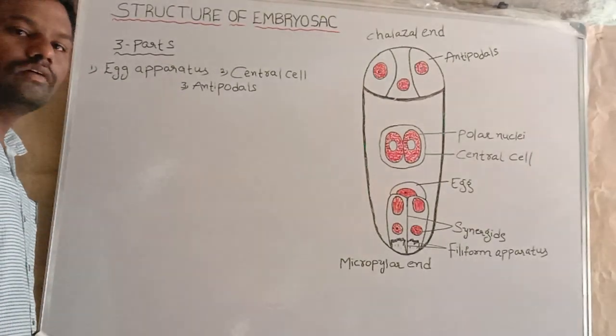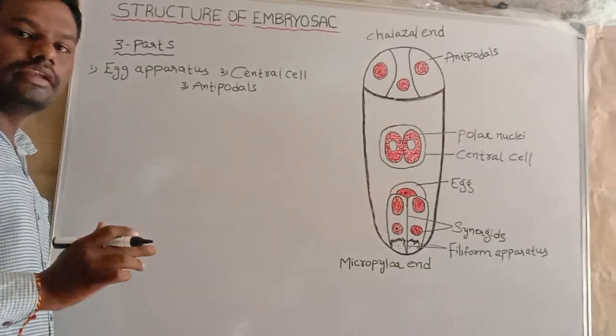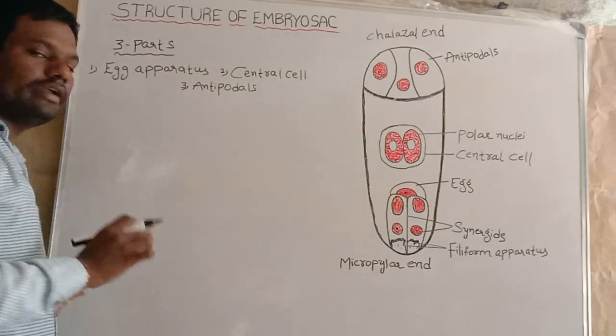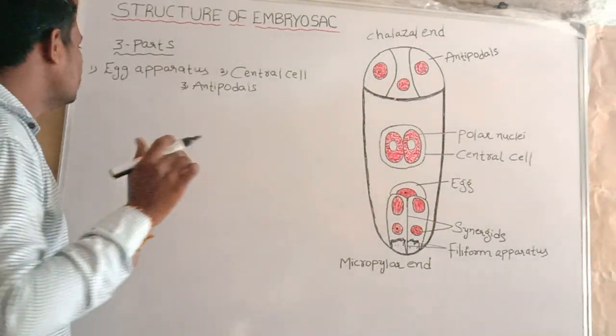They are one egg cell and two synergids.